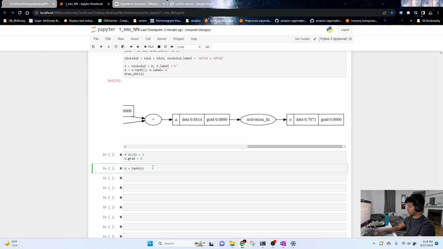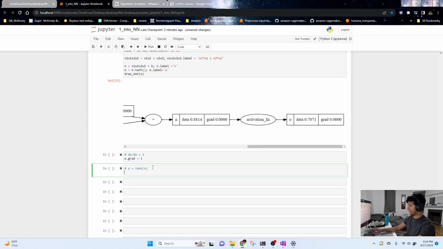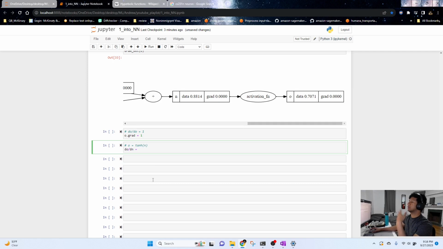So o is equal to tanh of n. Now, do by dn, how much is o changing with respect to n, is equal to how much? We need to find the differentiation equation for this. Again, there are two methods. One is you nudge your n by a small margin and see how much of a change it makes to calculate the derivative.